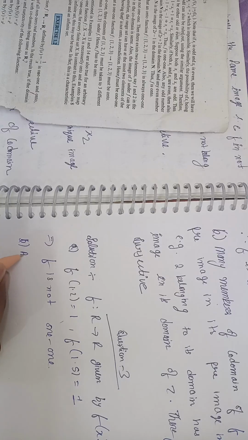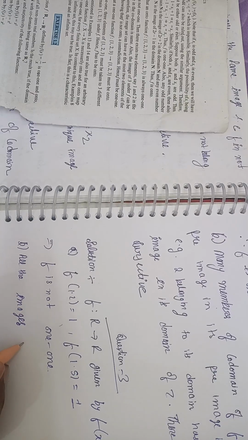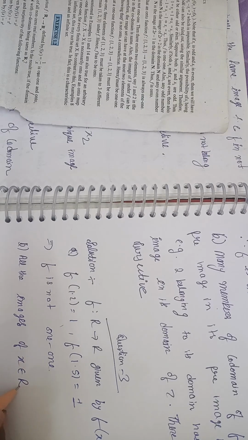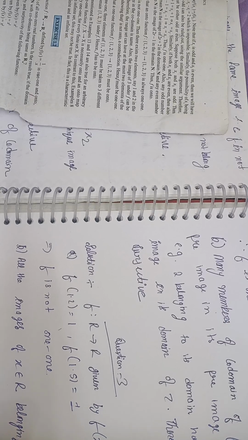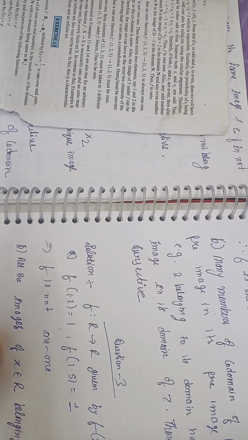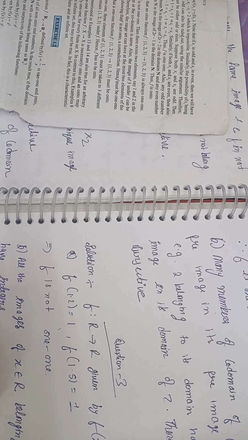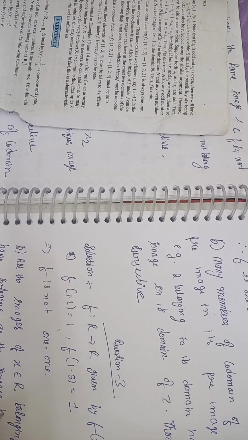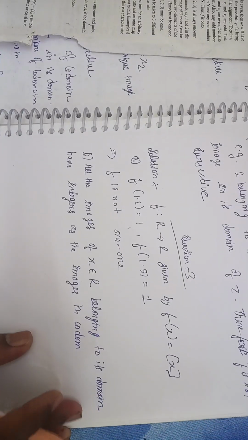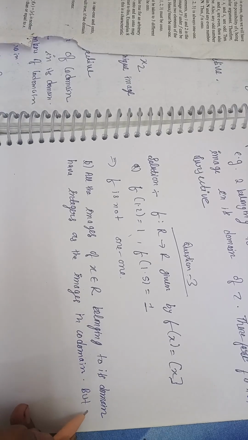Now b) part. All the images of x belonging to R in its domain have integers as the images in the codomain, but no fraction.